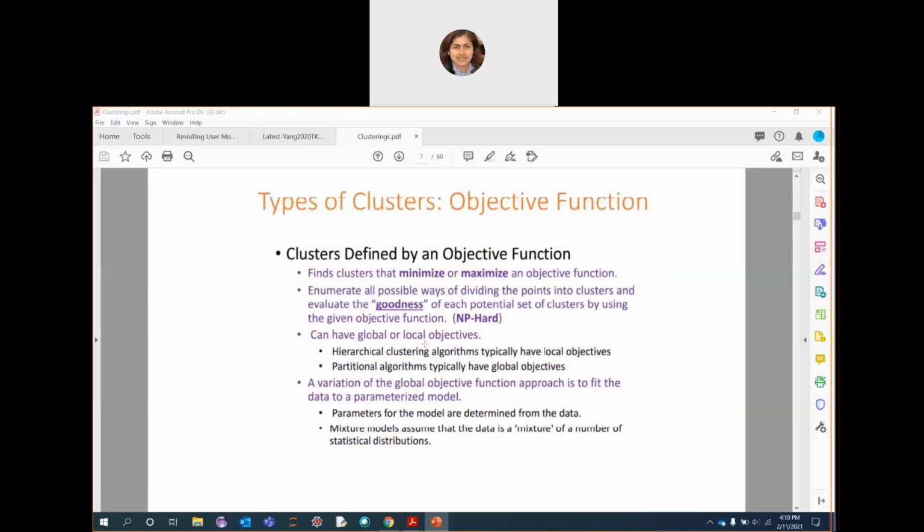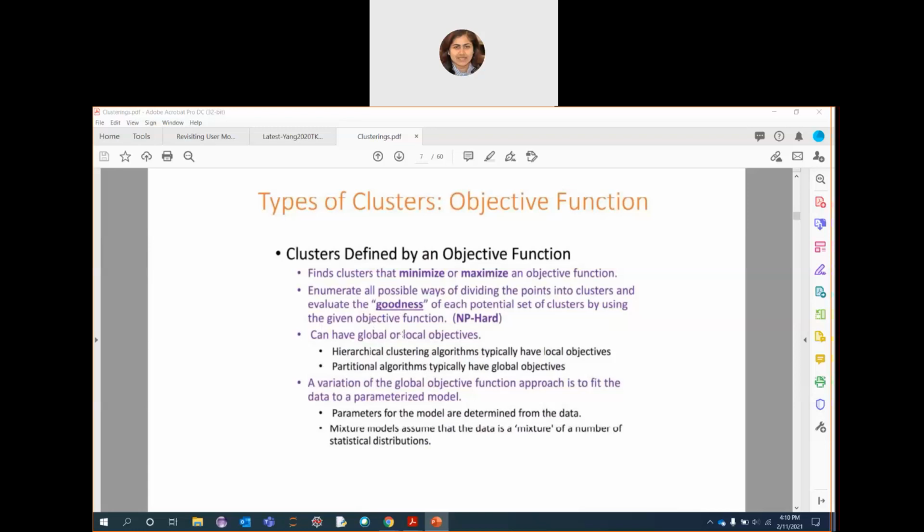In every clustering approach, you need to iterate over different possible ways of dividing the points into clusters, deciding which point will be assigned to which cluster. That again will be evaluated in certain terms. We basically evaluate in terms of goodness.